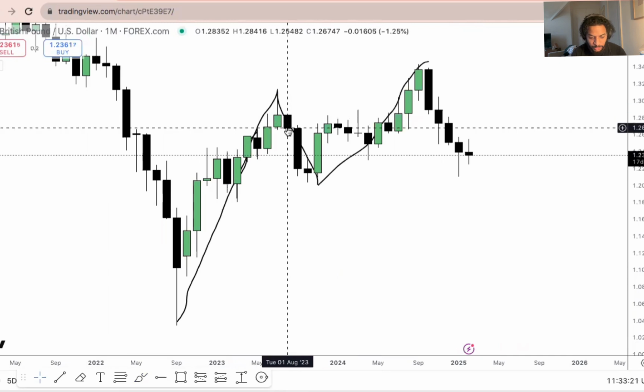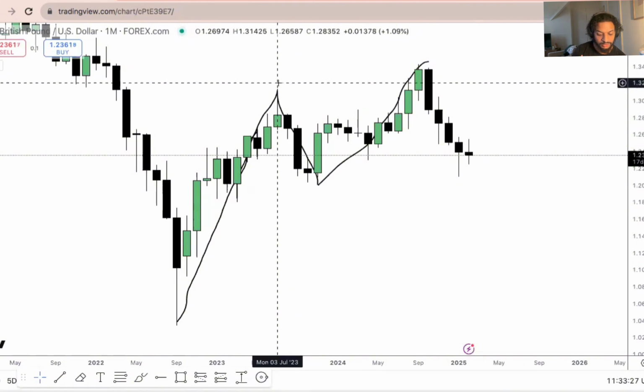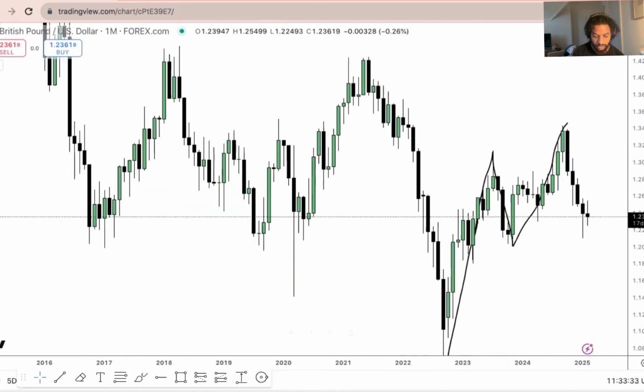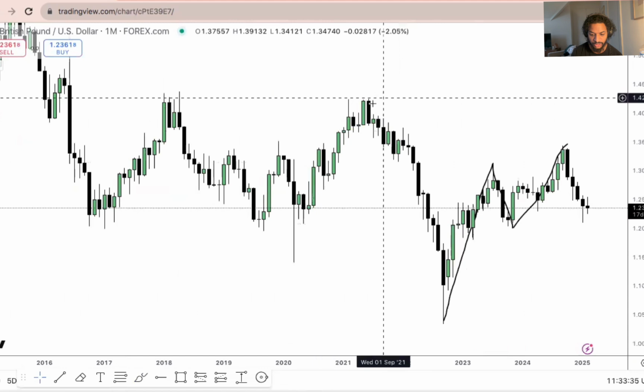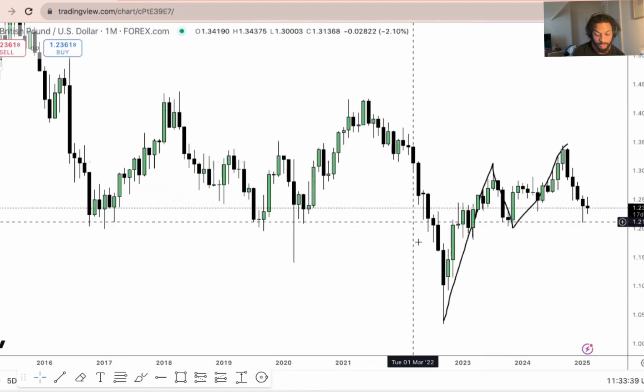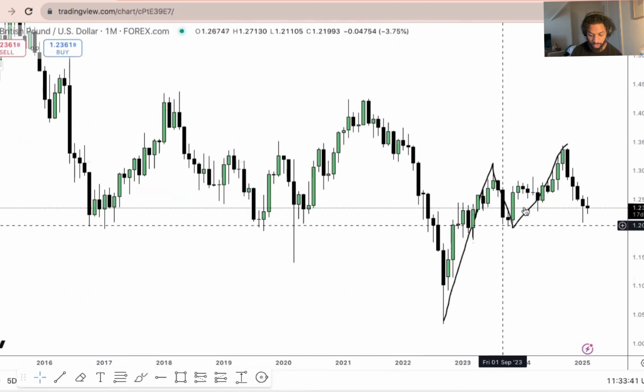So when you understand the context of identifying trend and identifying bias, it's relevant to the time frame that you're making these markings on. Because if you look at the wider perspective, this was the last lower high point we got on the monthly time frame, then we tanked, we made a new lower low.